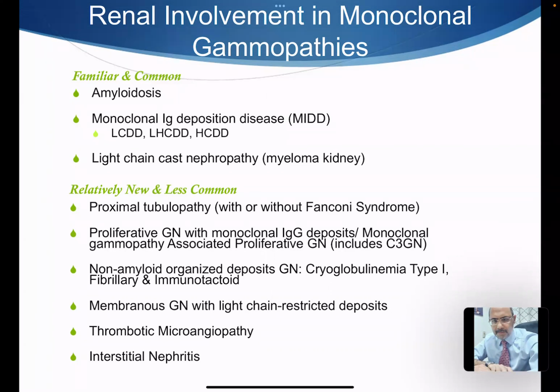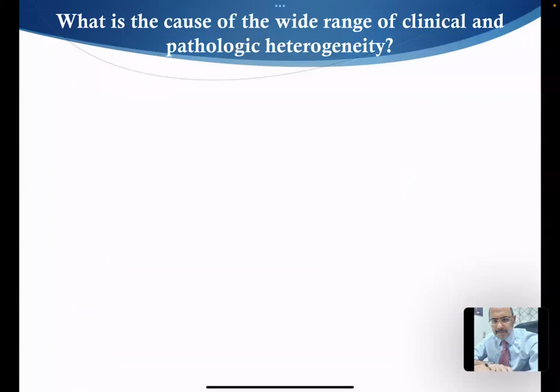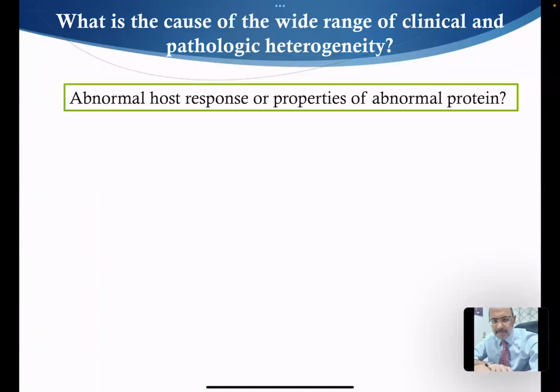So there are causes for renal involvement, not limited to amyloidosis and LCDD, as we know, or light chain cast nephropathy. We will go through some of the pathologic heterogeneity of these with Professor Wesam, and I invite her to the floor to comment on the next few slides.